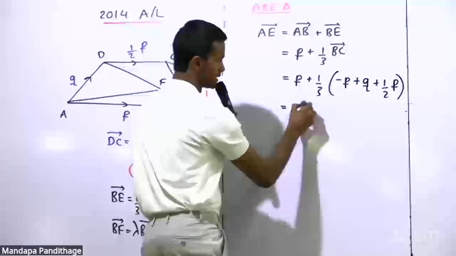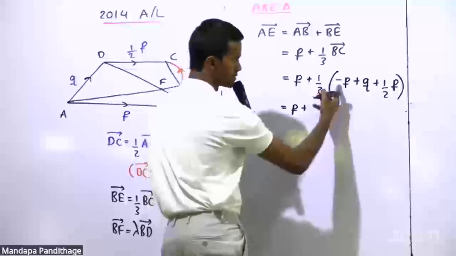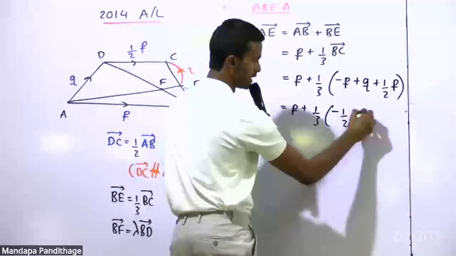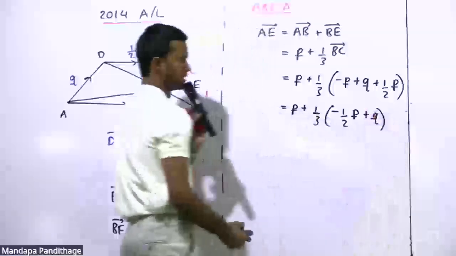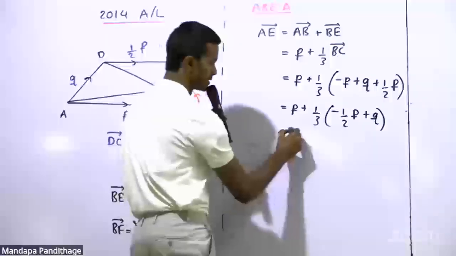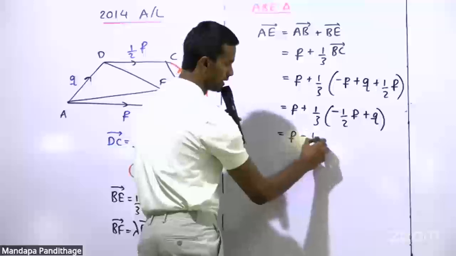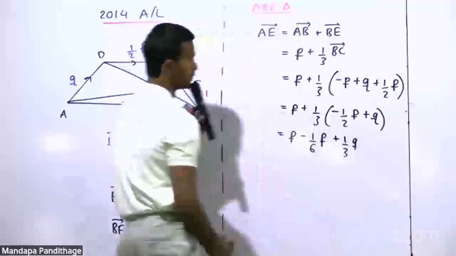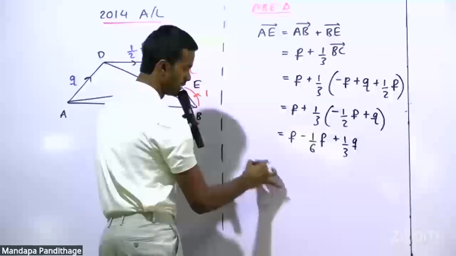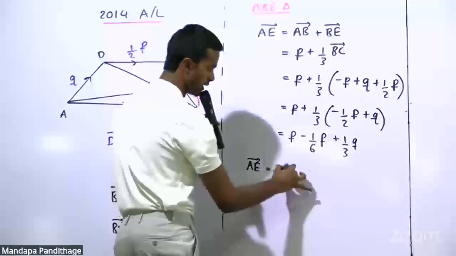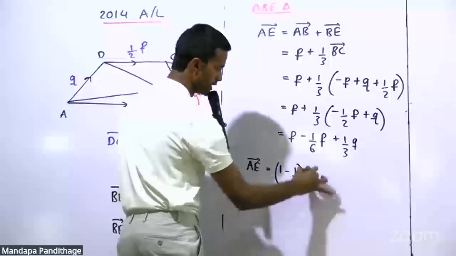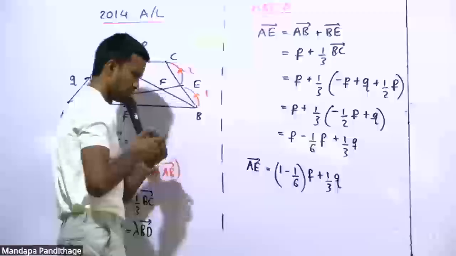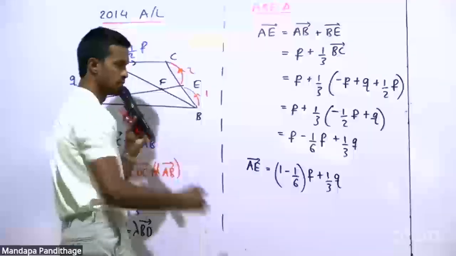Okay, so this is clear. Minus P plus half P gives you a minus half. So when you multiply, it's P minus 1 over 6 P plus 1 over 3 Q. So then you get vector AE is equal to 1 minus 1 over 6 P plus 1 over 3 Q. So 1 minus 1 over 6 is 5 over 6.